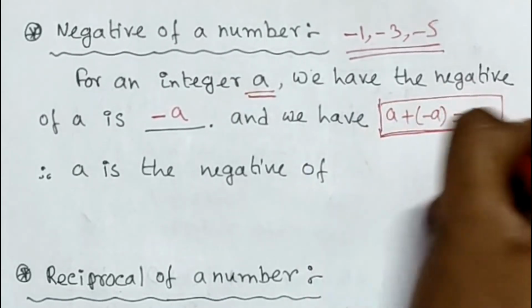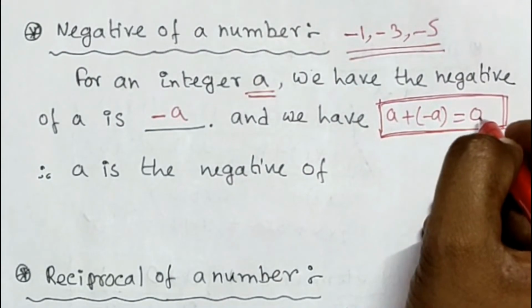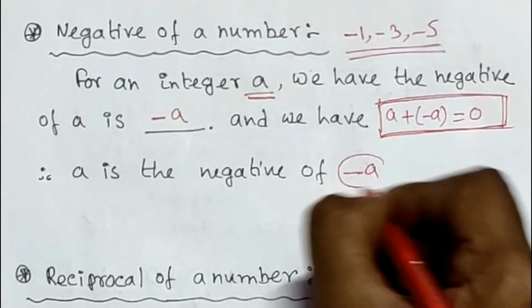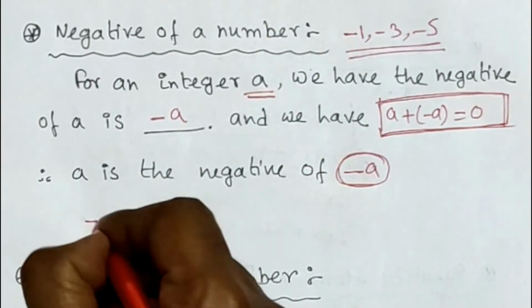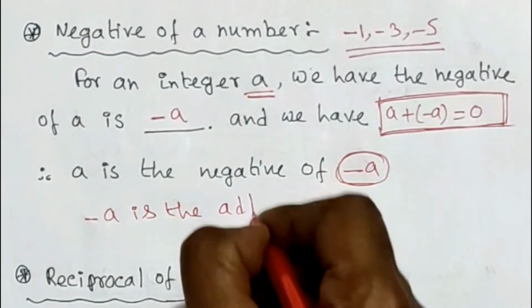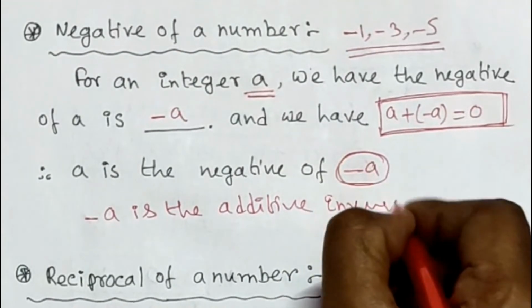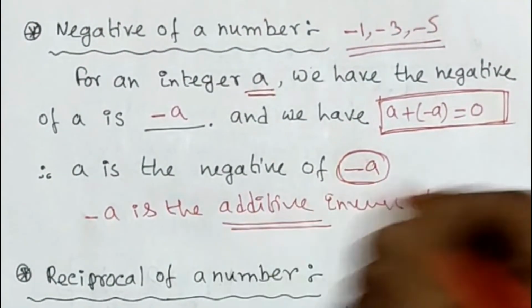For addition we have already learned that 0 is the identity element. So a is the negative of minus a. Clear? Here we also say that minus a is the additive inverse of a. Okay, additive inverse.